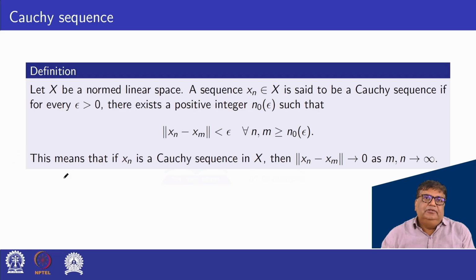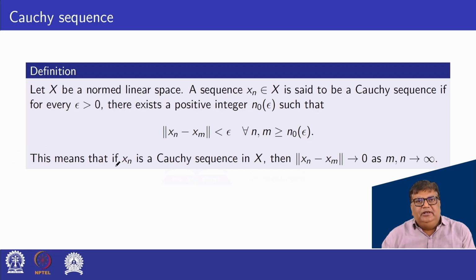Next definition, Cauchy sequence in a normed linear space. Let X be a normed linear space. A sequence xn belonging to X is said to be a Cauchy sequence if for every epsilon greater than 0 there exists a positive integer n0, where n0 depends on epsilon, such that norm xn minus xm is less than epsilon for all n, m greater than or equal to n0.